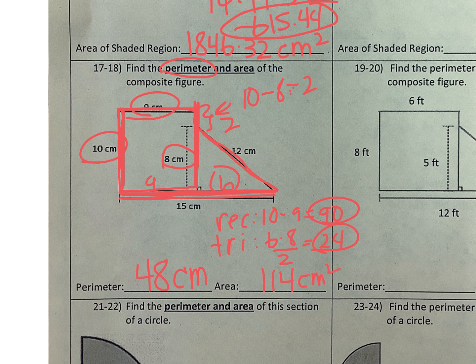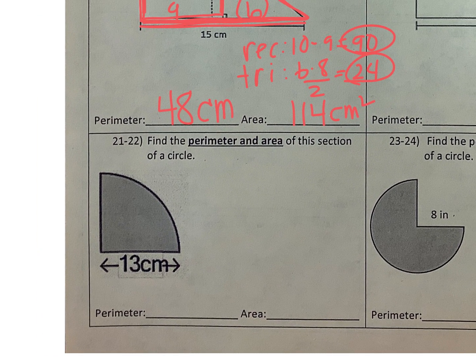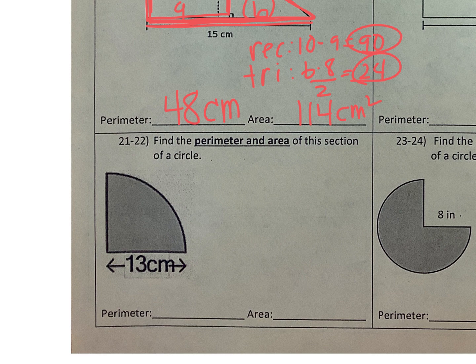And then the last one, another perimeter. So remember, diameter times pi, and I only want 1/4 of that. So first we have to find the diameter. Well, the radius is 13. If I were to go across the whole circle, it would be 13 plus 13.